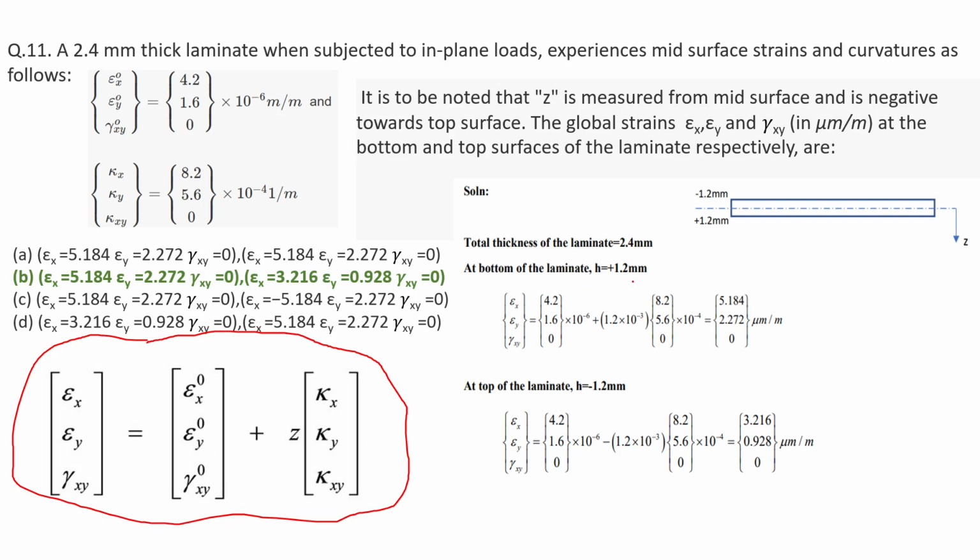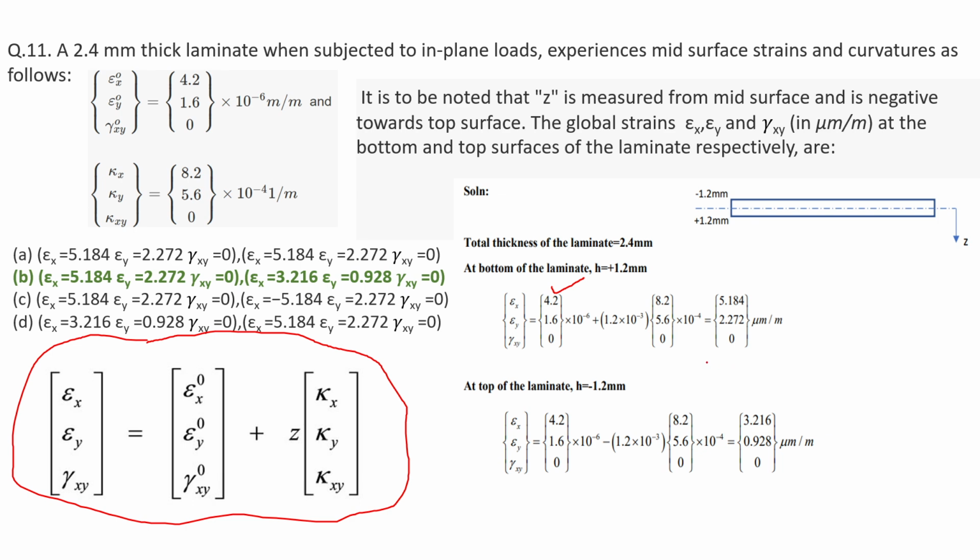At the bottom of the laminate, where the height is equal to plus 1.2, we use this equation. We take the value of the mid-surface strain, plus the location, that is plus 1.2 mm. We have to convert all the units into basic units, so 1.2 in meters is 10 to the power minus 3, multiplied by the curvature values.